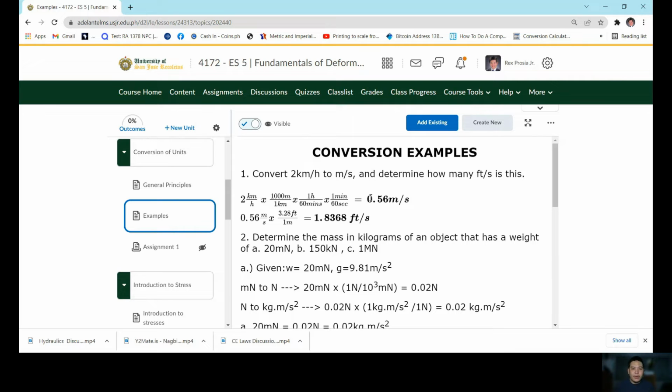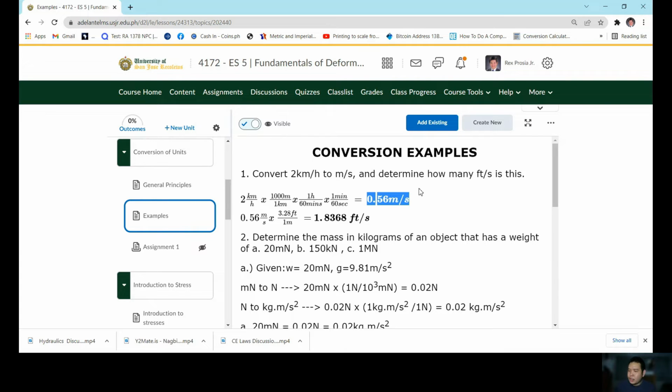You may convert km to feet and then convert hour later to seconds, or you may just utilize the meters per second, because it is much simpler. We already know that 1 meter is roughly 3.28 feet.